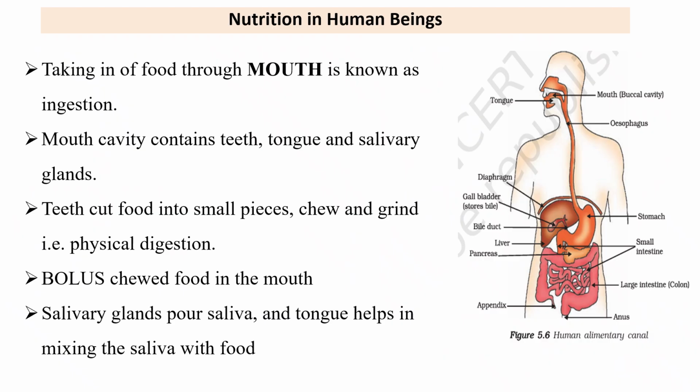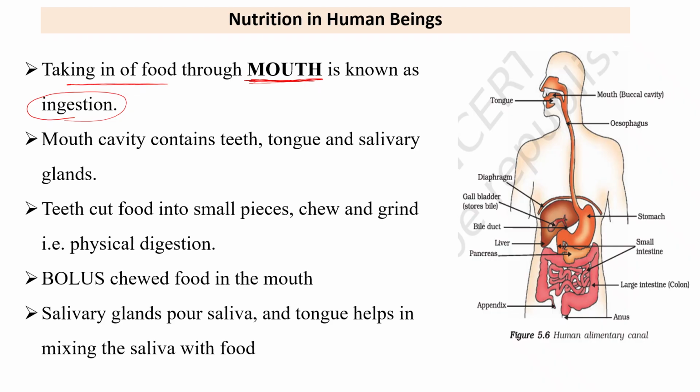As I told you in the previous slide, the alimentary canal begins from the mouth, and the taking in of food is through the mouth, and this is known as ingestion. Not only ingestion, but digestion also begins in the mouth.